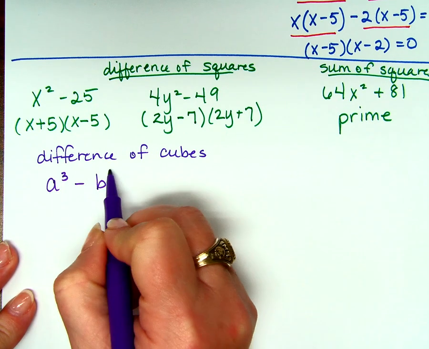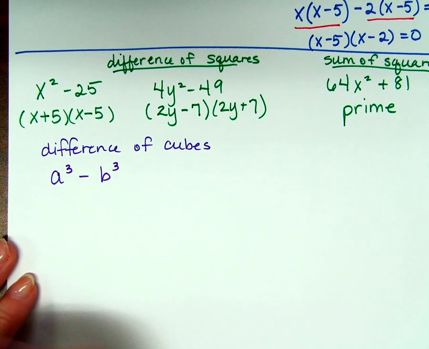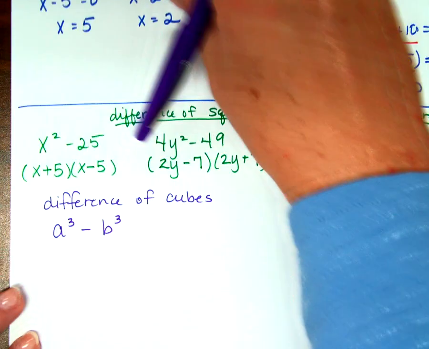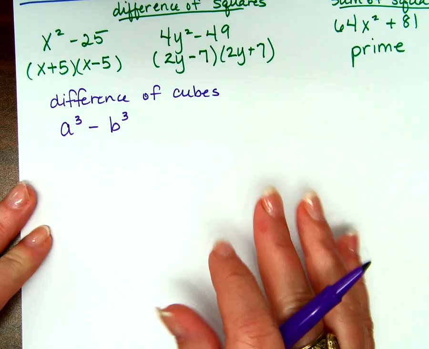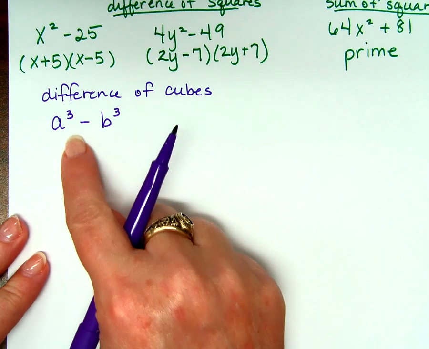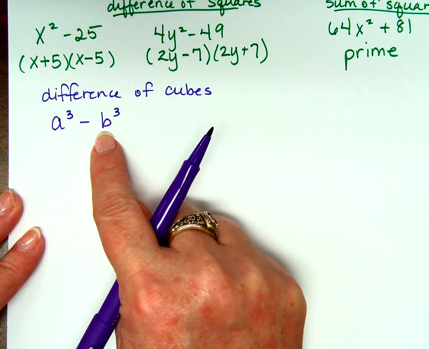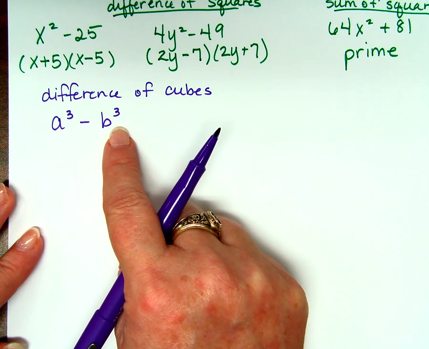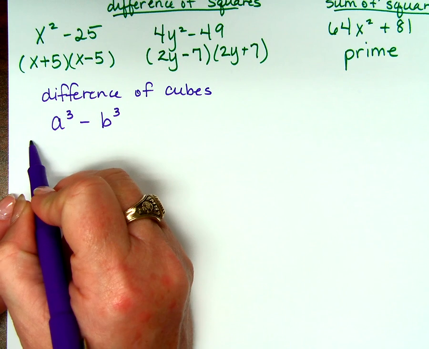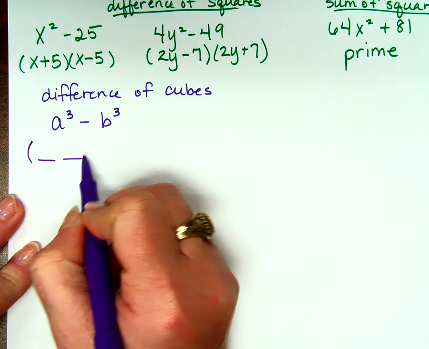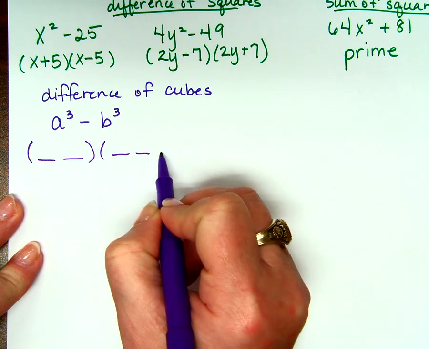Something that I know the cube root of, right? Do I know the cube root of both of these? What's the cube root of a cubed? A. What's the cube root of b cubed? B. Yeah. So the way we factor this is we get a binomial and a trinomial.